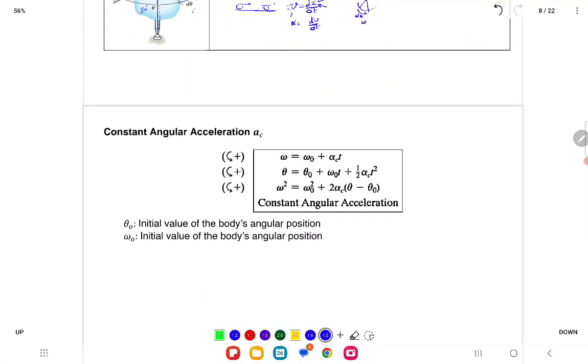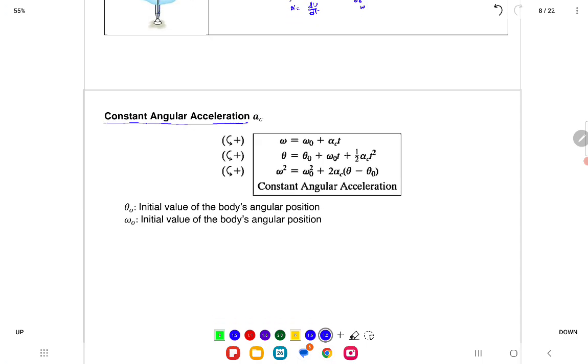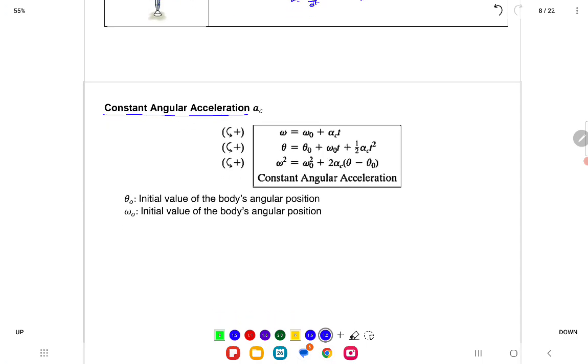Again, similar to the rectilinear motion, if you have constant angular acceleration, if you remember, if you have constant rectilinear acceleration, it's also called a_c, constant. I will just drop the subscript C to make it easy. What do you remember?